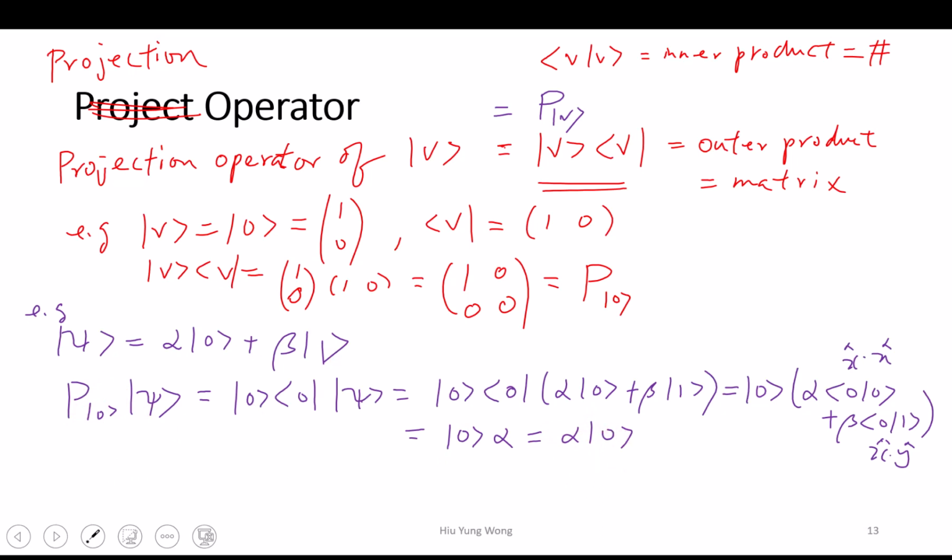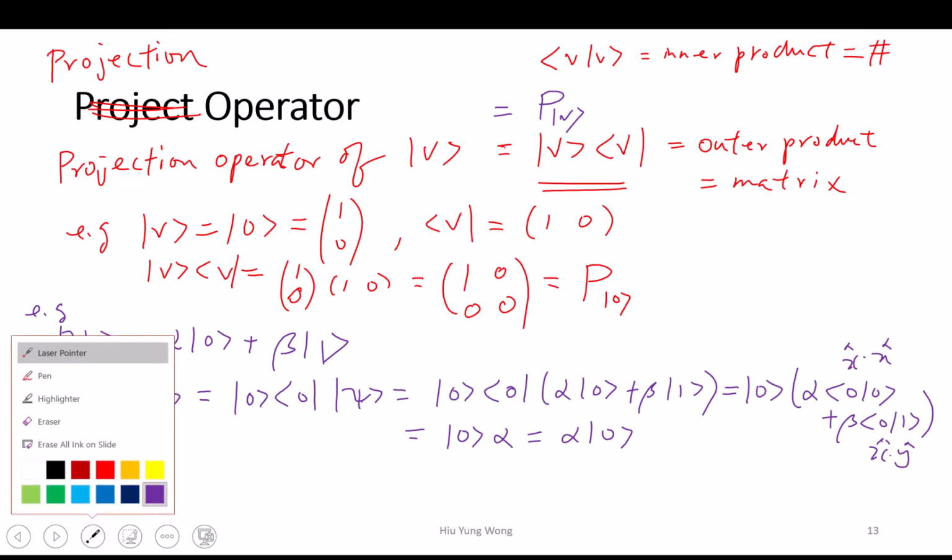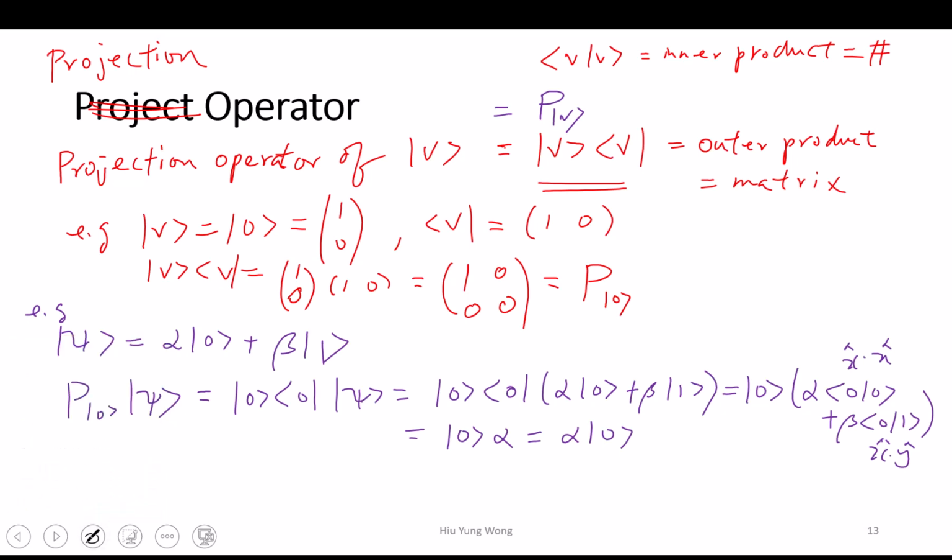Now, we don't want to go into too much math. I just want you to trust me. This is the case, by showing you this one. So from now on, I hope you remember, you construct the projection operator just by doing the outer product, and it's just like an operator applied to a vector. You will extract that component from there, right?